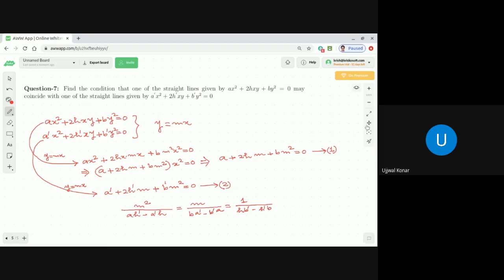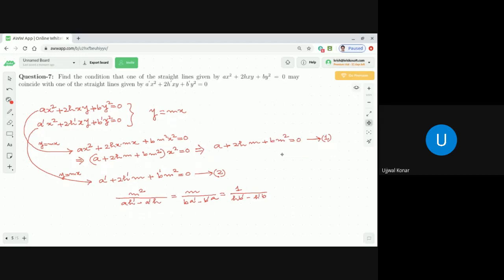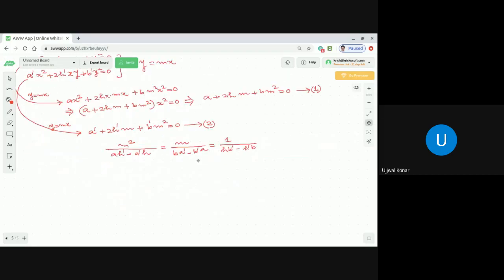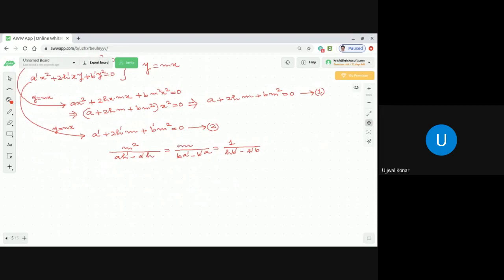Cross multiplication. Sorry, there is another small mistake: it should not be m, it should be 2m.